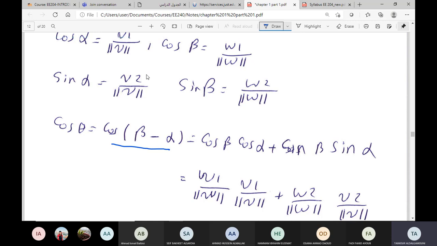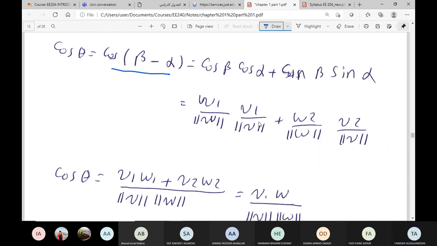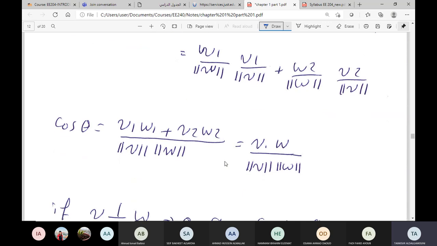So if we take these equations and substitute them into this equation, then we will have that cosine theta is V1 W1 over the norm of W norm of V plus W2 V2 over the norm of W norm of V.